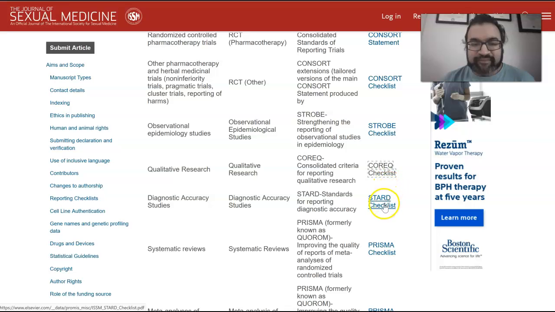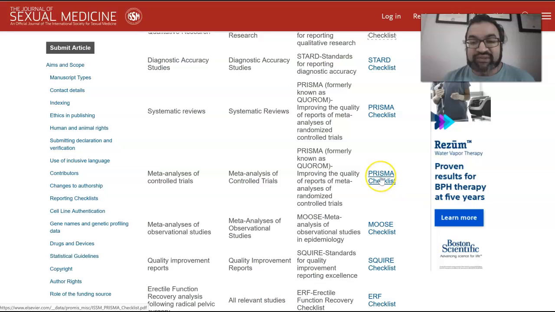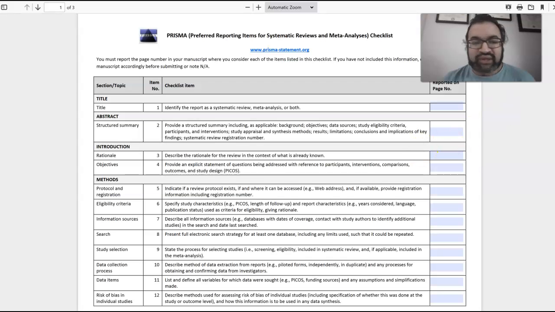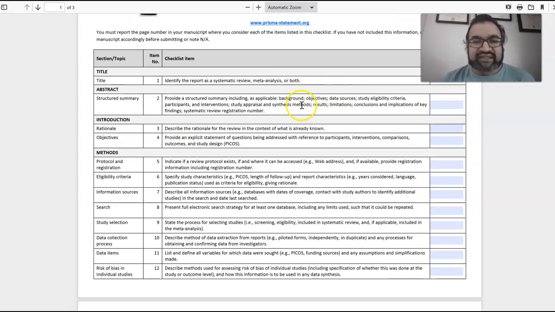Looking into PRISMA, which is one that I have lectured on, so I'm going to go there first and then go back to START. PRISMA is a checklist that goes through and looks at the title. If it's a systematic review, many people confuse systematic review for a meta-analysis, but they're actually two very different things.